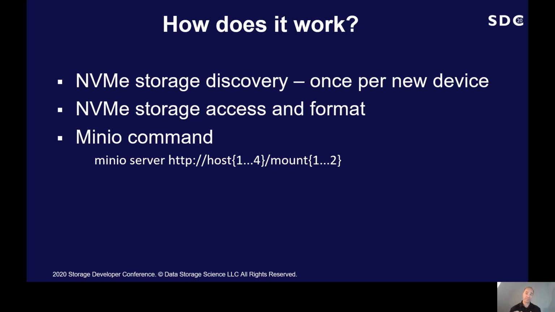The ranges there just let you avoid enumerating each host and each file system specifically. But it does not get any simpler than that. And when you're done running this command on all the hosts that are going to be part of the MinIO cluster, you have a fully formed MinIO cluster.